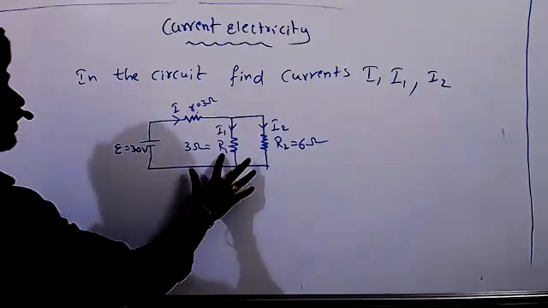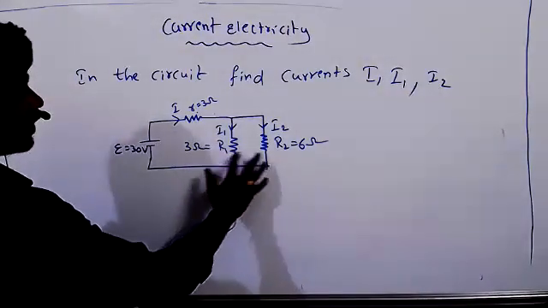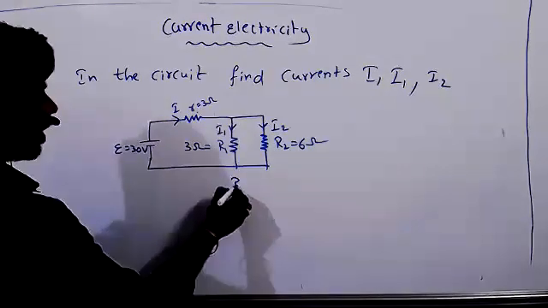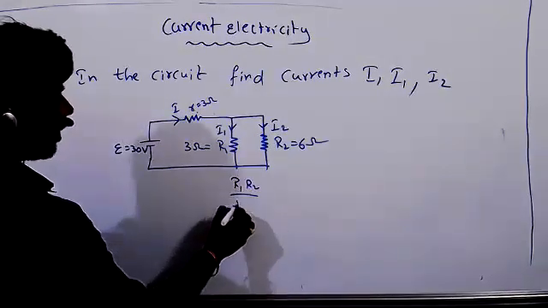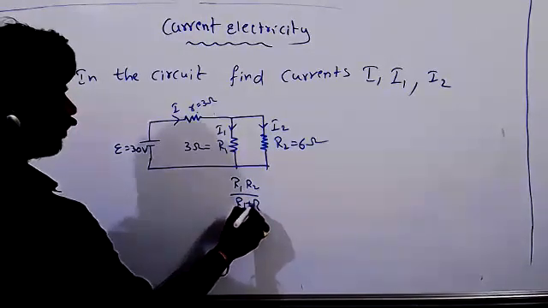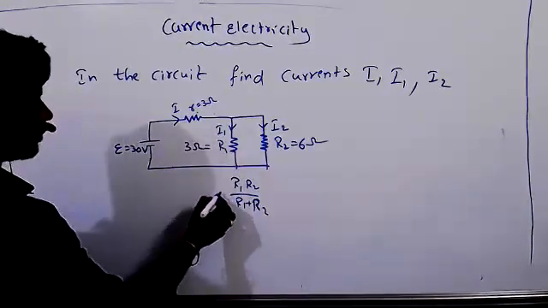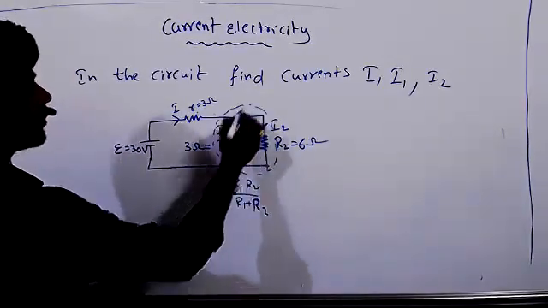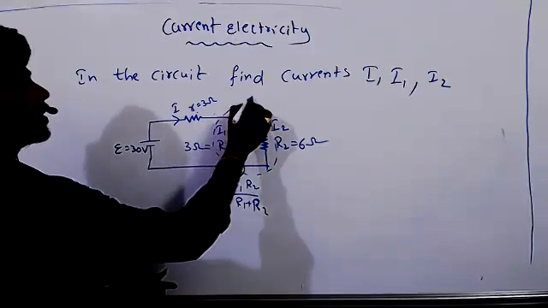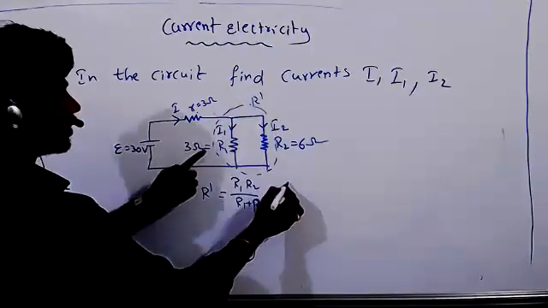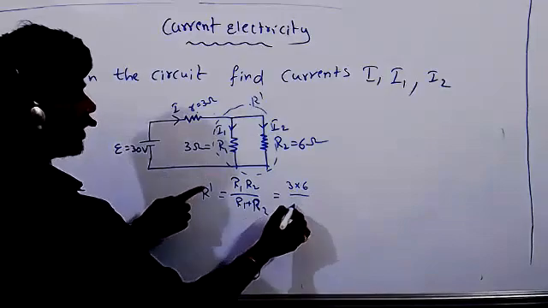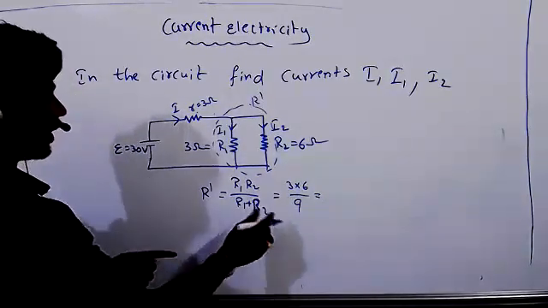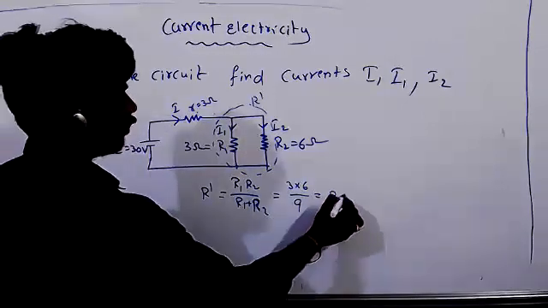I is 6. Why? Because these two resistors are in parallel. When resistors are in parallel, we have a formula: R1 R2 by R1 plus R2. That you will get R dash. So in place of these two resistors, you will get one resistor, that is R dash. R dash is 3 into 6 by 9, so you will get 2 ohms.